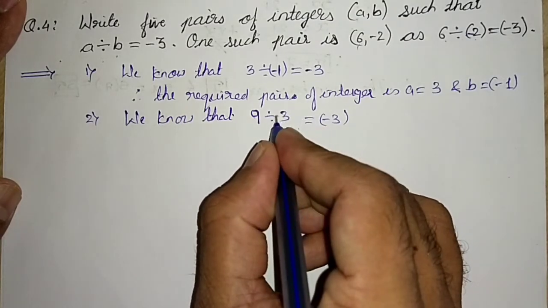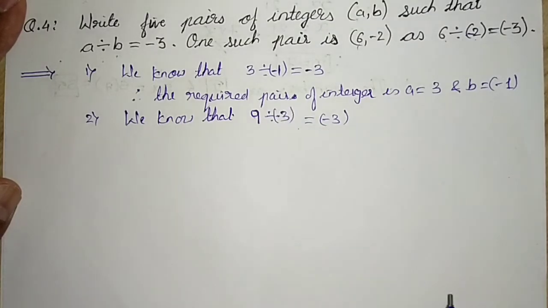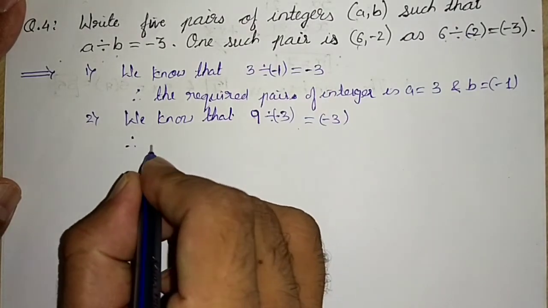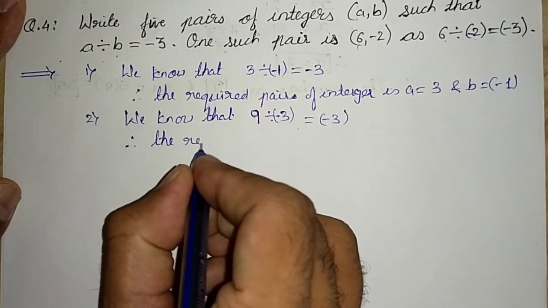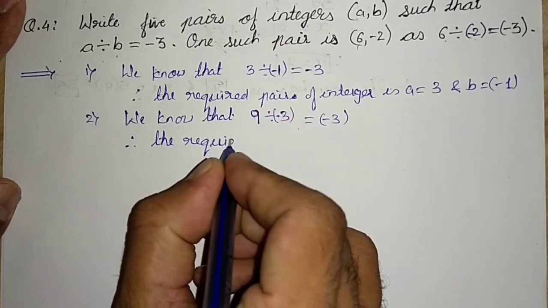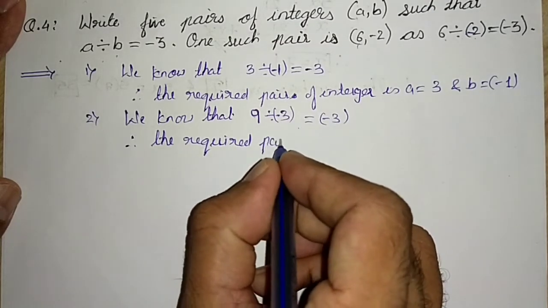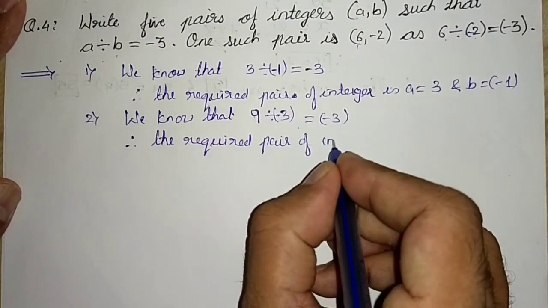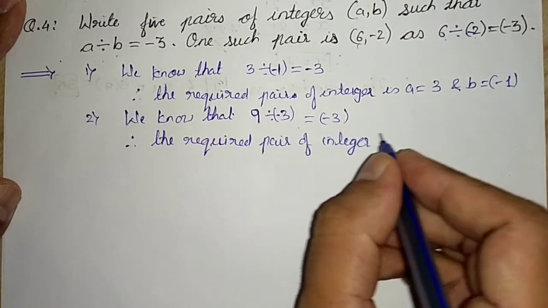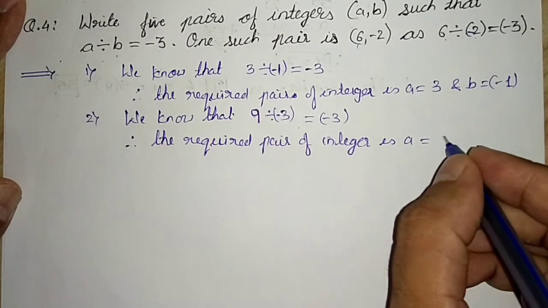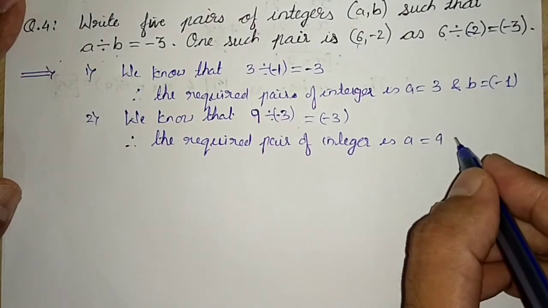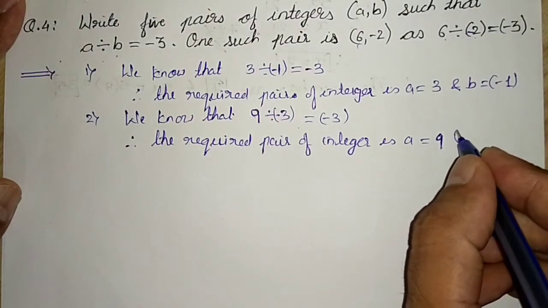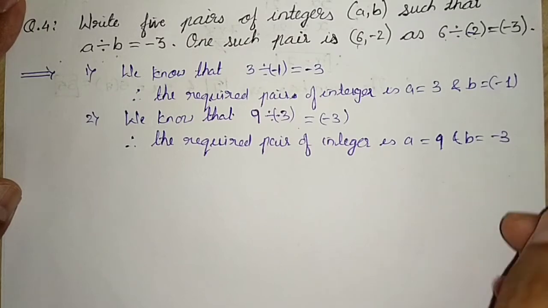So I will take 9 divided by minus 3 is equal to minus 3. So the required pair of integers is a is equal to 9 and b is equal to minus 3.